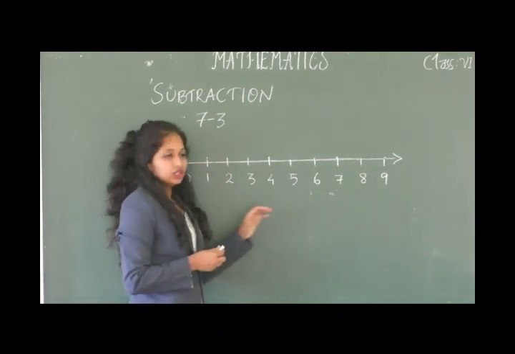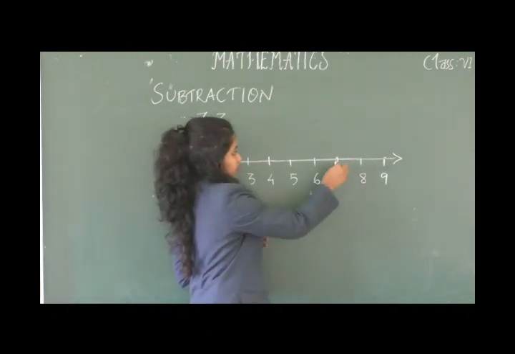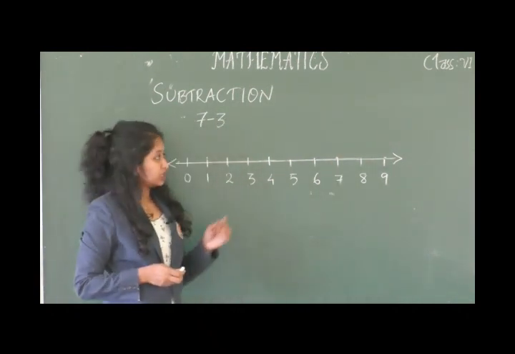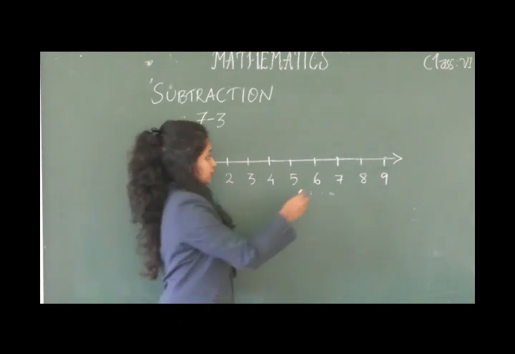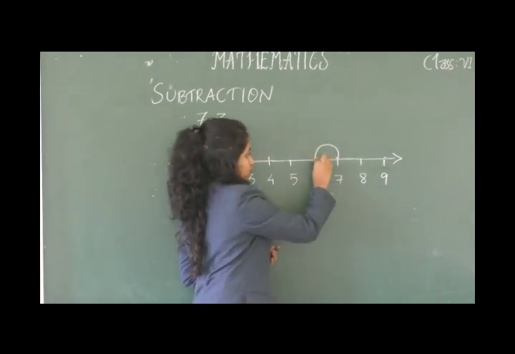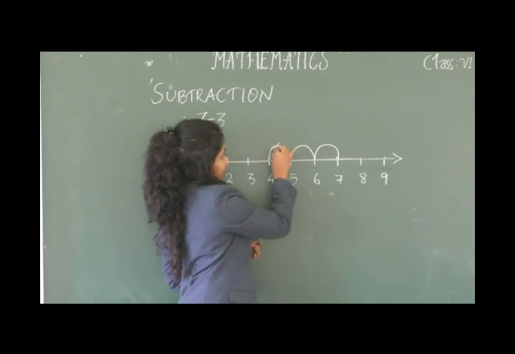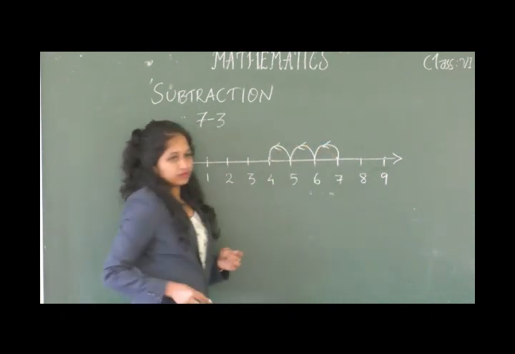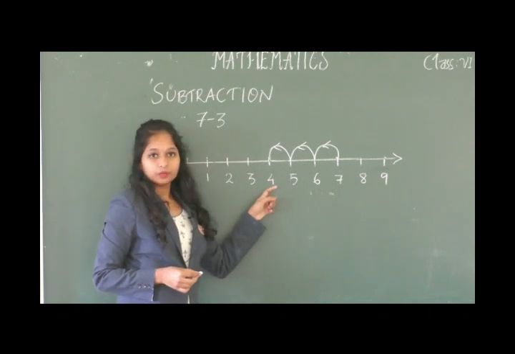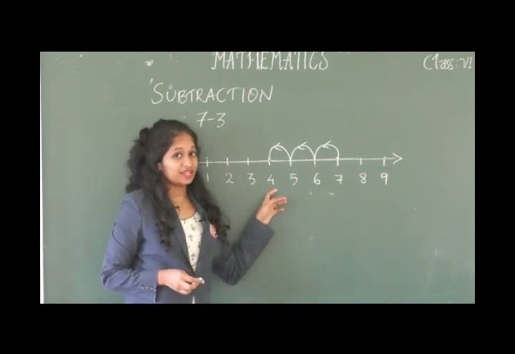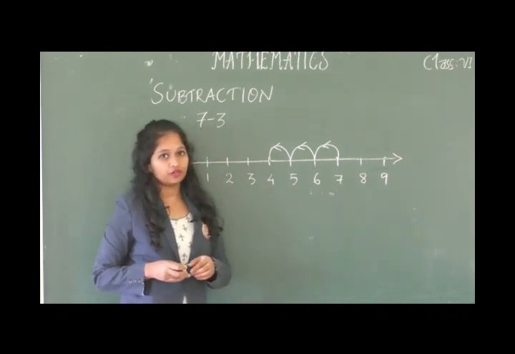Here, look at the number 7. 7 is here. Minus 3. So you have to jump 3 times towards the left. Where did we stop? At 4. So 7 minus 3 is 4.